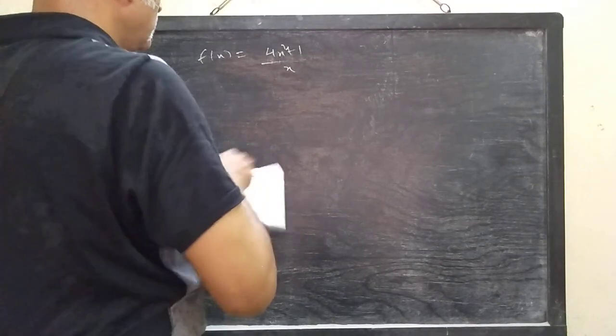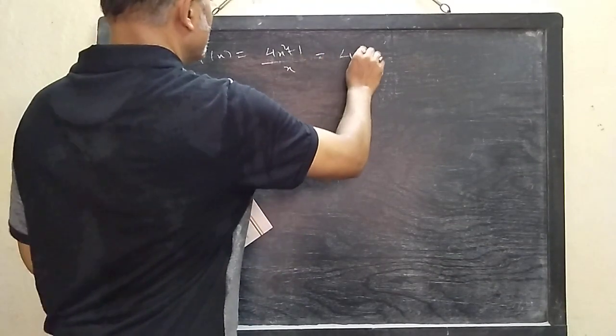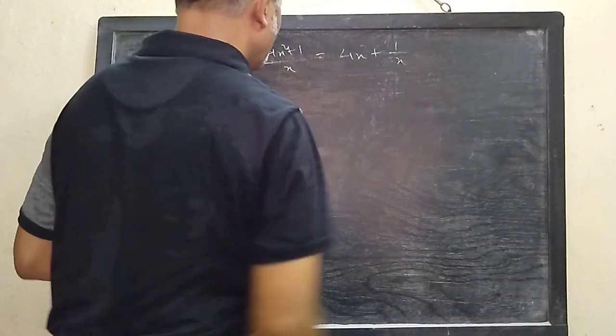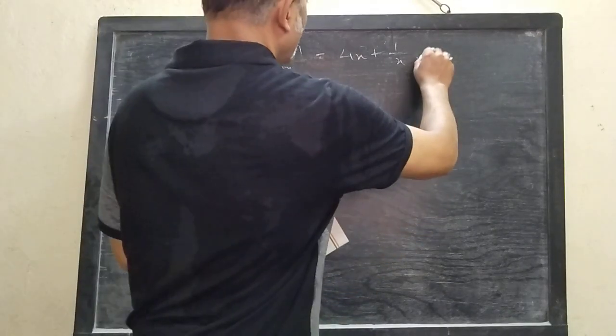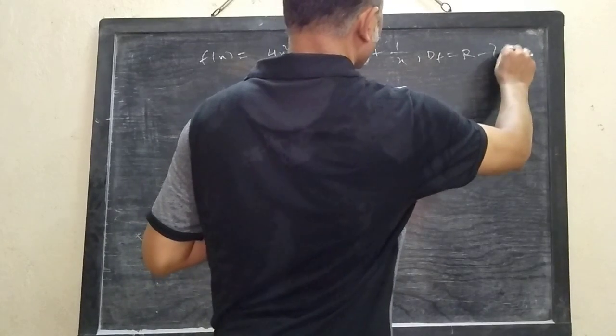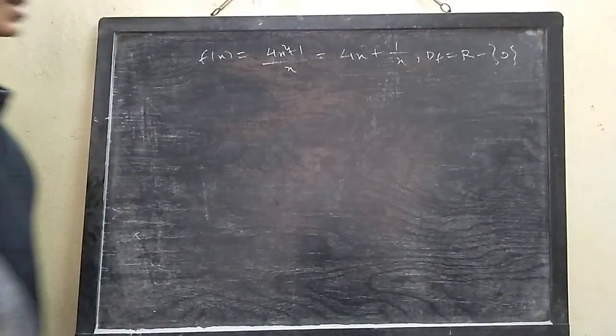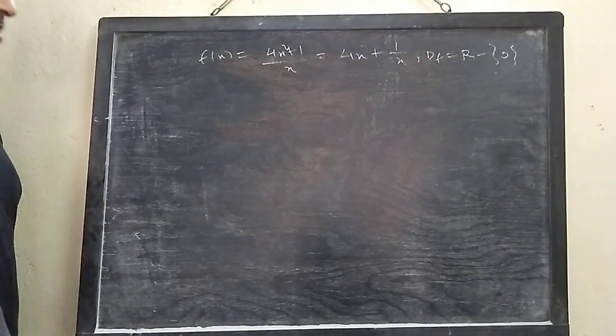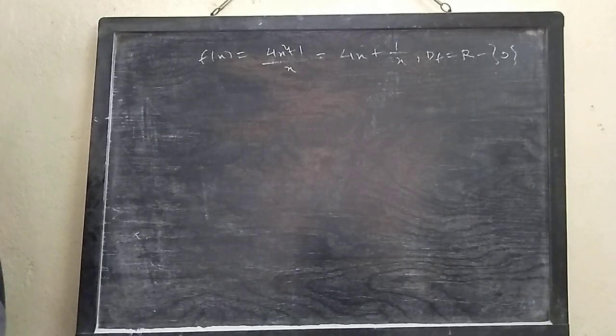So that is actually 4x plus 1 by x. Look here, Df will be the set of real numbers minus the singleton set containing 0 because 0 will be excluded from the set. So the domain will not contain 0 here.